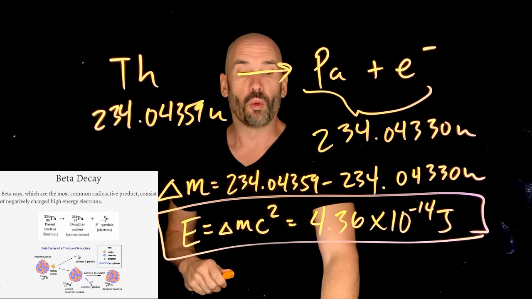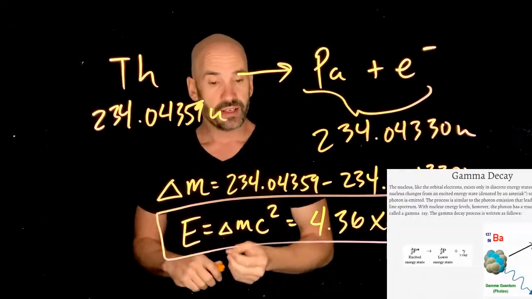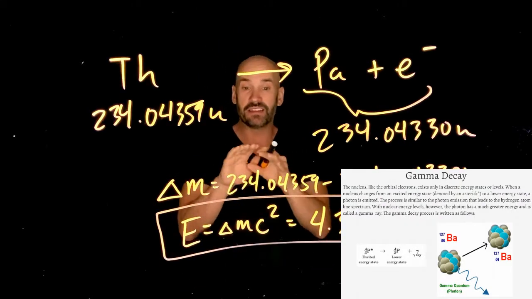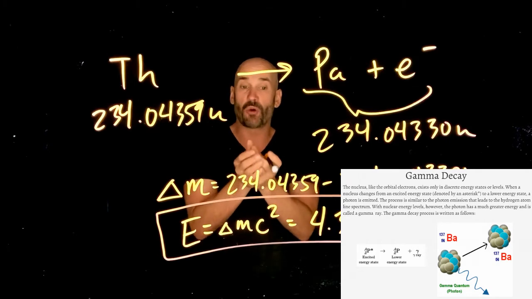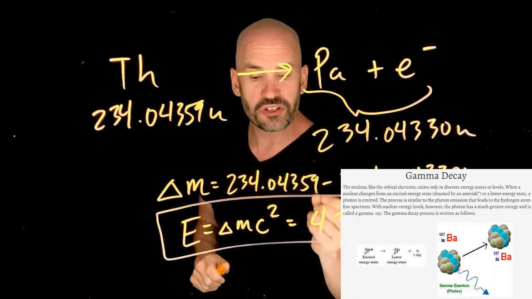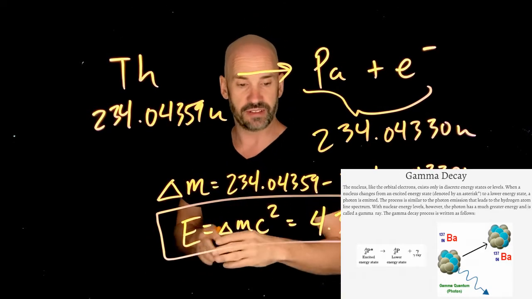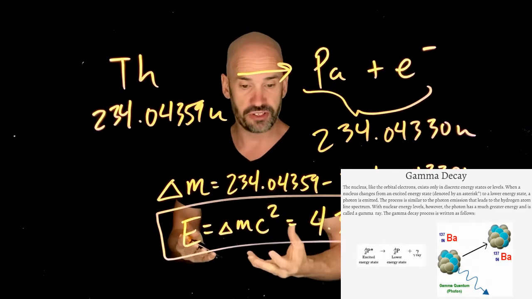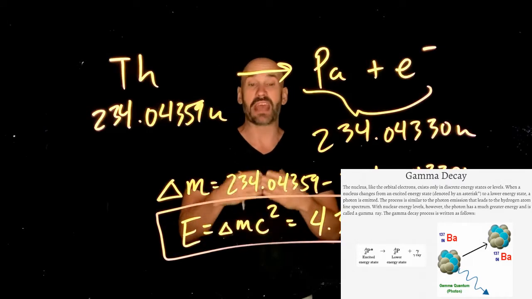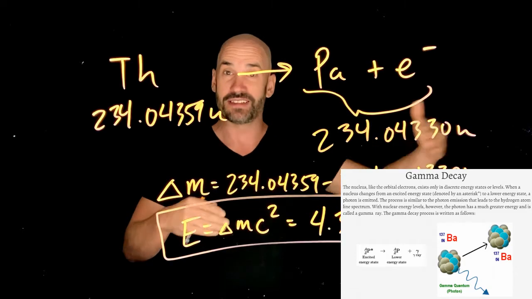All right, there's one other major type of radiation, and that is gamma decay. The nucleus, like the orbital electrons, exists in discrete energy states. So the nucleus itself has quantum states just like the electrons do as they orbit, okay? So when a nucleus changes from an excited state, which is usually denoted by the asterisk, you can see it in the sign here, to a lower energy state, a photon is emitted. That photon happens to be in the gamma spectrum of the electromagnetic spectrum, and you actually release this gamma ray, right?